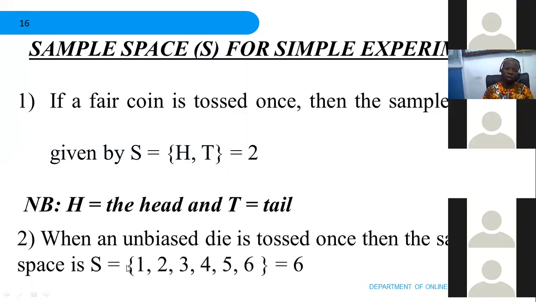We have the second one. When an unbiased die is tossed once, then the sample space is S equal to, you see, a die like I showed earlier on. It has 6 faces. So if you roll your die, either 1 will show, or 2 will show, or 3 will show, or 4 will show, 5 or 6.